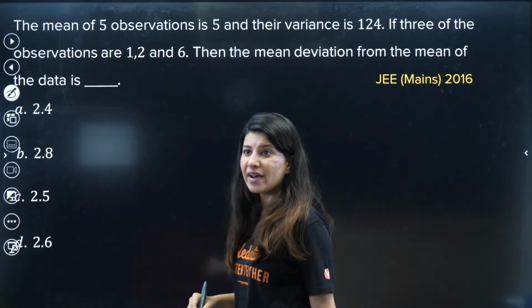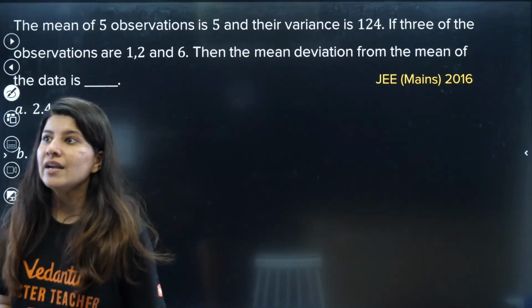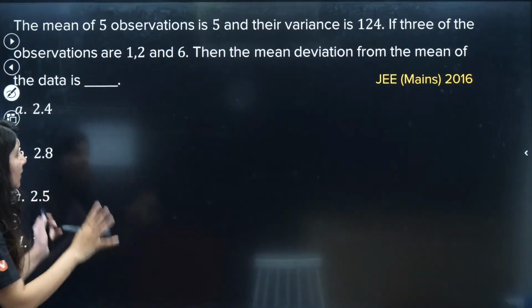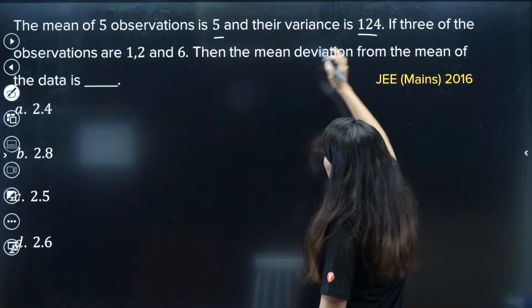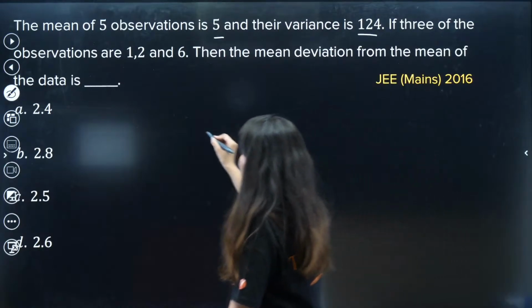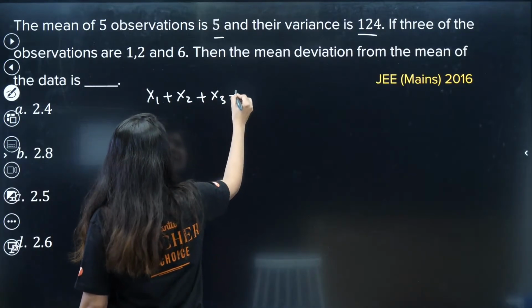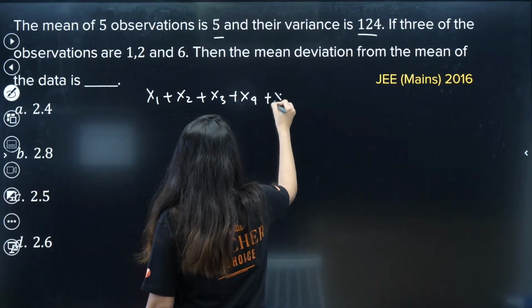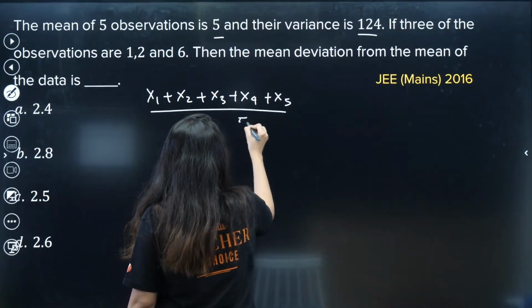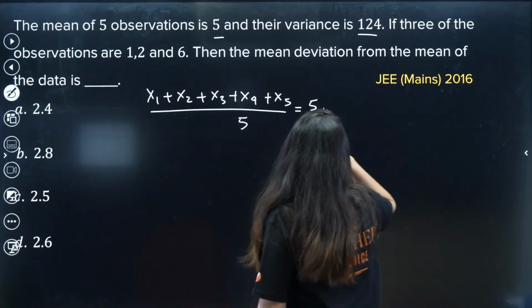Let's just quickly, so we have very little time now, solve the question. Now the mean of 5 observations is 5. That means what they are saying is x1 plus x2 plus x3 plus x4 plus x5 upon 5 is given as 5, right?